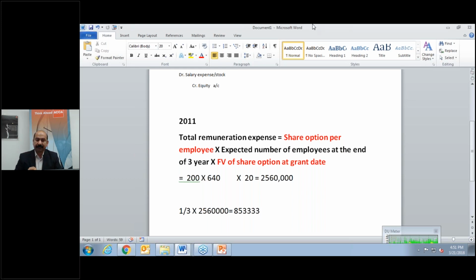So this will be 853,333. So debit remuneration expense, credit equity reserve with the same amount. So this will be the entry in 2011.